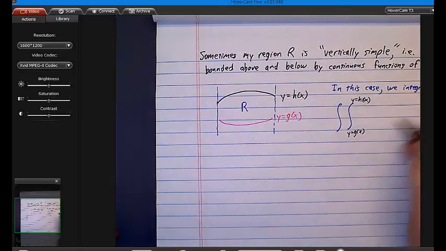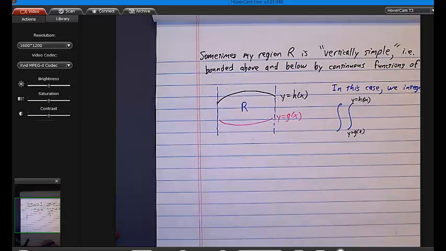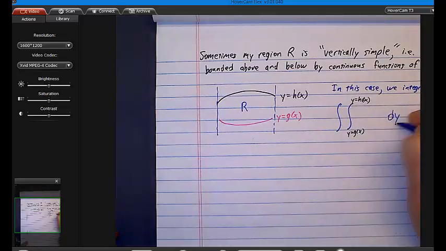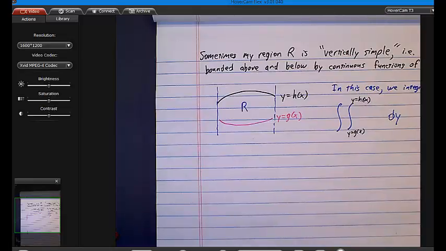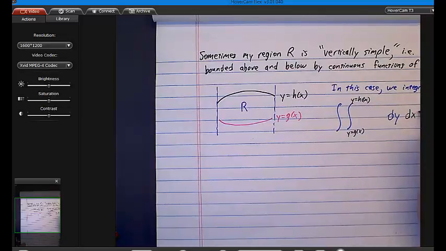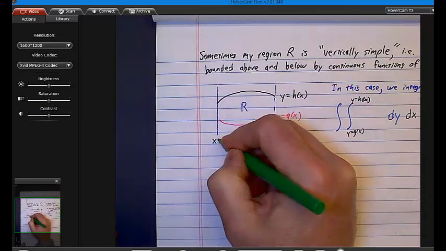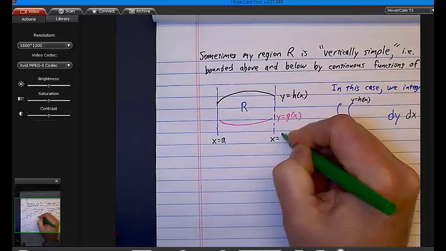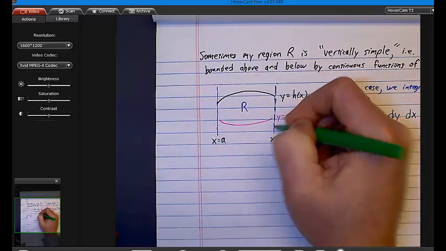And so the inside integral is going to be dy. And the outer integral then is going to be what? dx. And what would that be? I'll call this x equals a, and I'll call this x equals b. These lines, right?